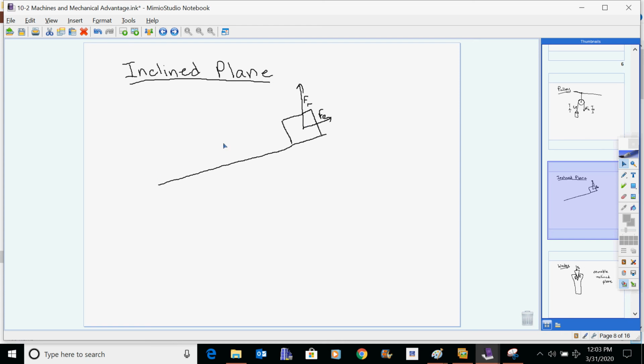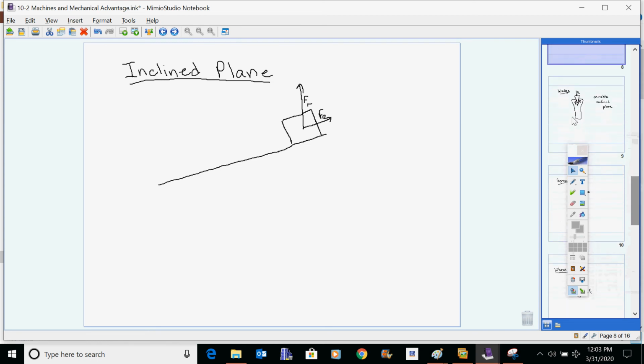So that effort distance, you traded that long distance with a little force so that you could multiply the force, but you're really only going just a small distance upward. So it's an interesting thing where you're trading long distance so that you can apply less force, but it does work out very well that way, and it does fall into the machine category.